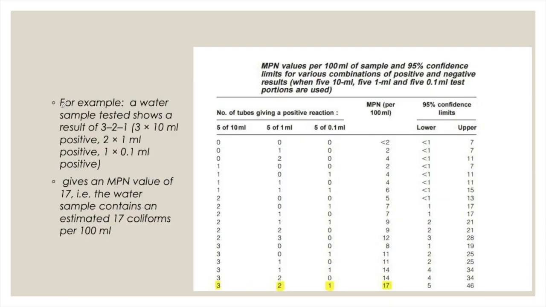For example, a water sample tested shows a result of 3 2 1, that is 3 of 10 ml positive, 2 of 1 ml positive and 1 of 0.1 ml positive.